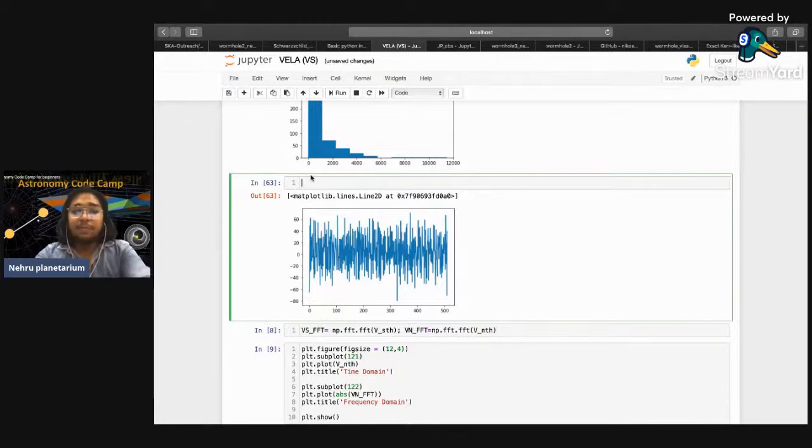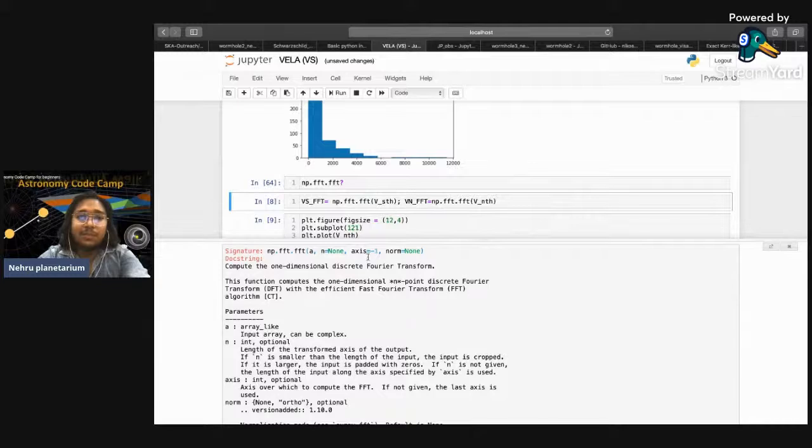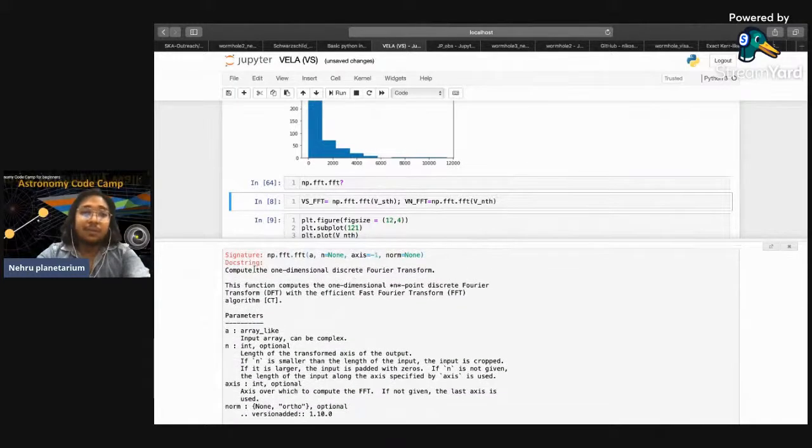If you want to see how it happens, we have a Fourier transform package in NumPy, which is np.fft, and there are different functions which do different types of transforms. If you want to do the Fourier transform, which is FFT, fast Fourier transform, you can simply put a question mark, and here it will explain how this one-dimensional discrete Fourier transform works.